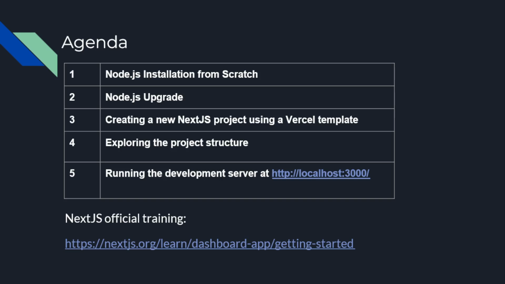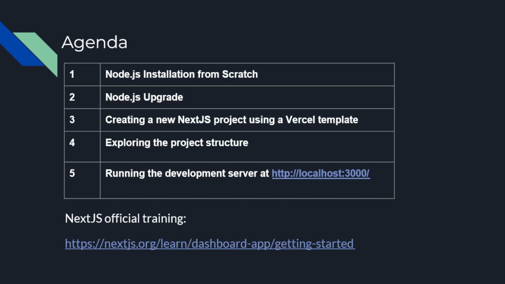Today's agenda includes the following. Node.js installation from scratch. We will see how to do it, and we will understand the best practices. Second, we'll see how to update the current Node.js. Then we will come to Next.js, and we'll create a new Next.js project using a standard Vercel template, the starter example.